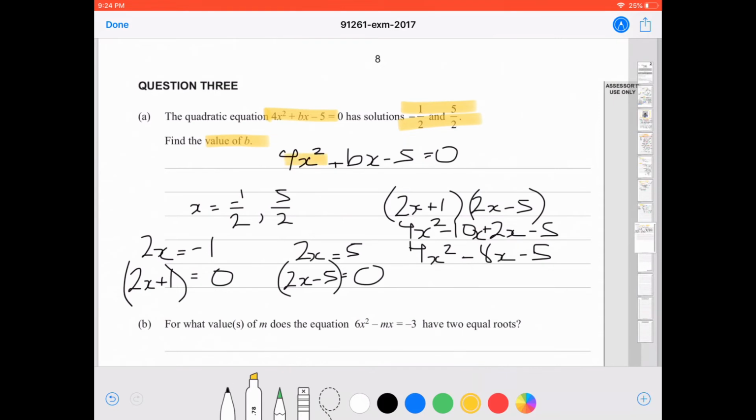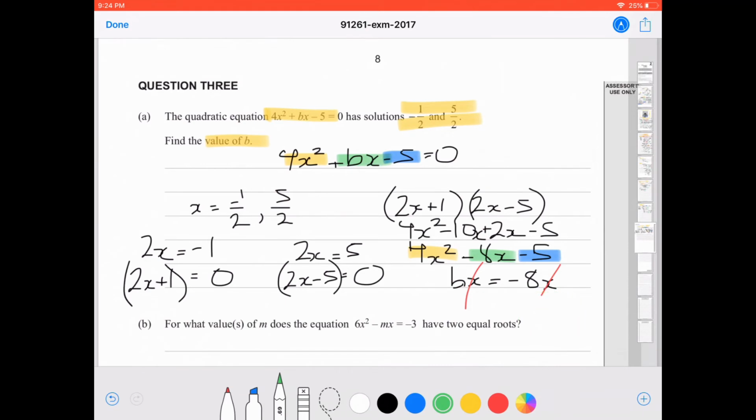You've got 4x squared, the bx and the 8x, and negative 5 and negative 5. And so we could say bx equals negative 8x. And so you cancel x's on both sides and you end up with b equals negative 8. Okay, so finding the value for b gets you an achieved.